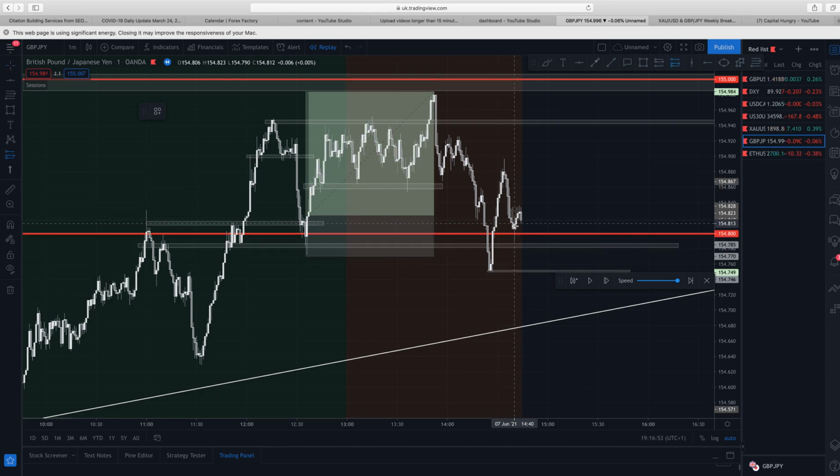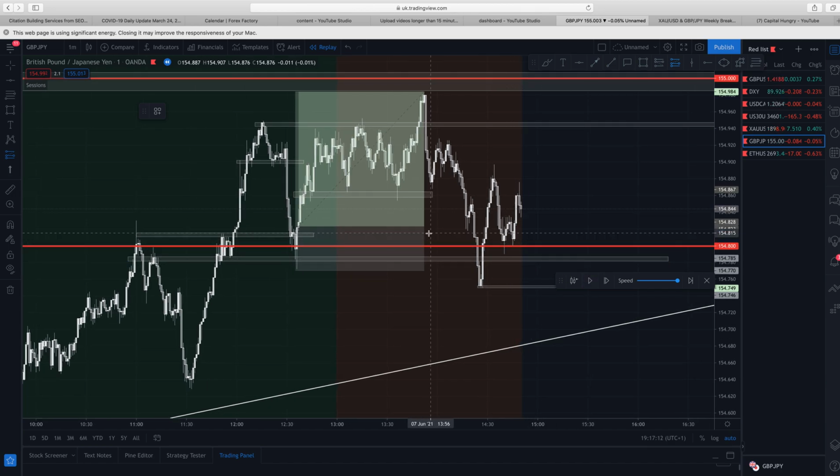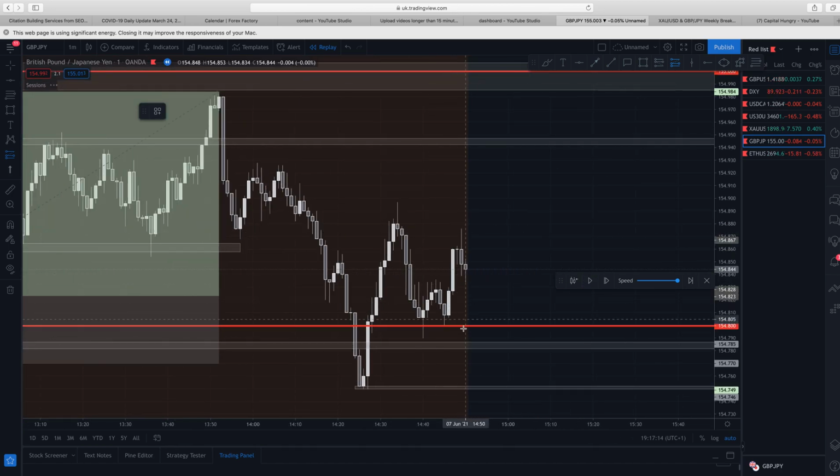It's sort of a double top, double bottom. 30-minute candle closure above 154,800. Wick down. Wick rejections failing to close below 154,800. Bullish market structure starting to form. Double bottom. See how that bearish candle fails to close below here.